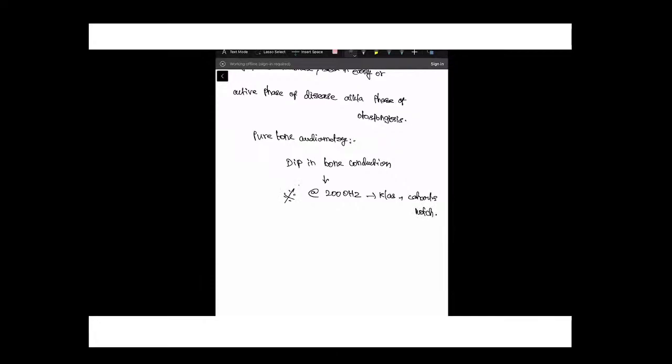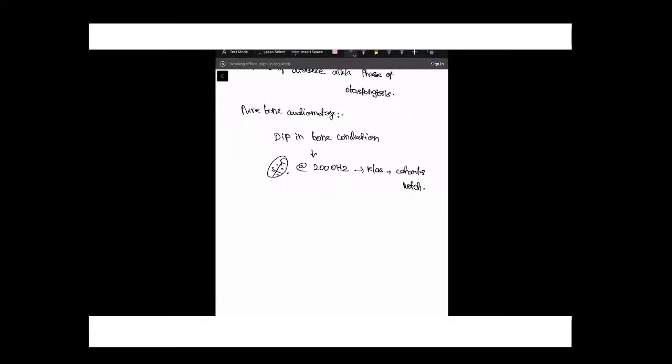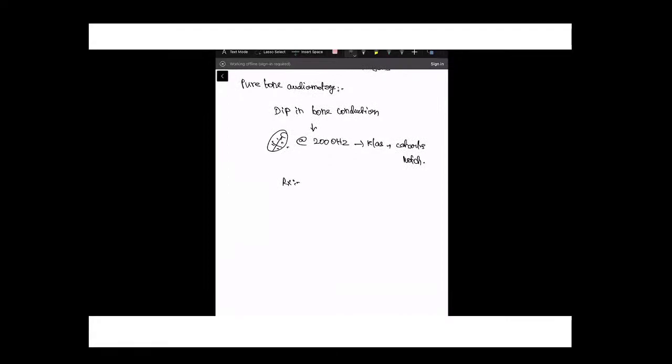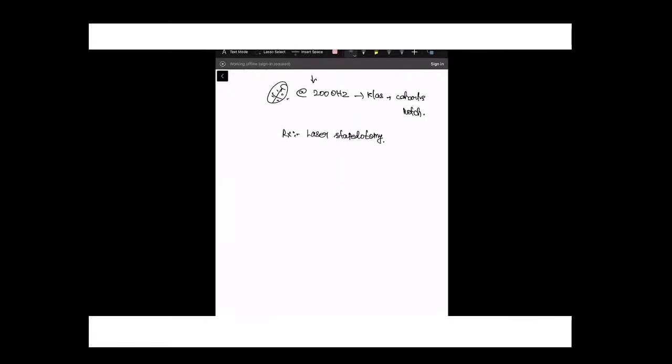This is also a very important question. This has been asked in exams multiple times. The treatment for otosclerosis is going to be a laser stapedotomy. Then we have glomus tumor.